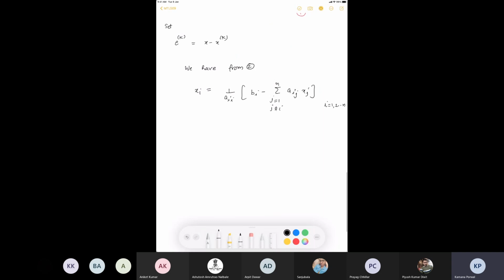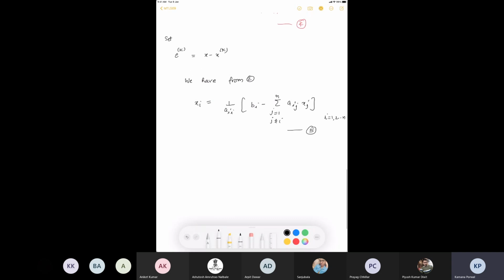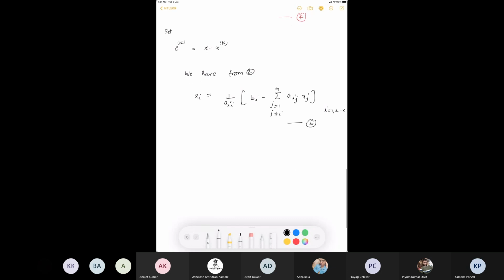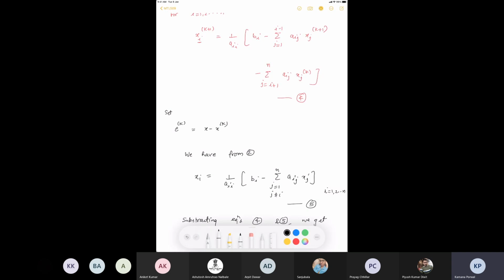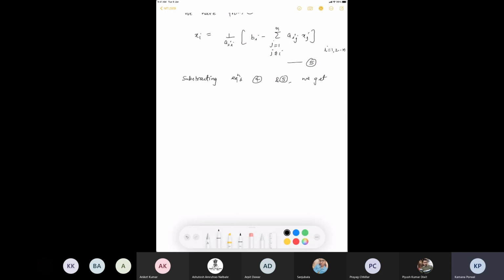So what I'm going to do is simply subtract these two equations. If I name this 5, subtracting equations 4 and 5 gives us the following. On the left hand side, I get the error at the k plus 1th iterate, and this is the ith component of that.